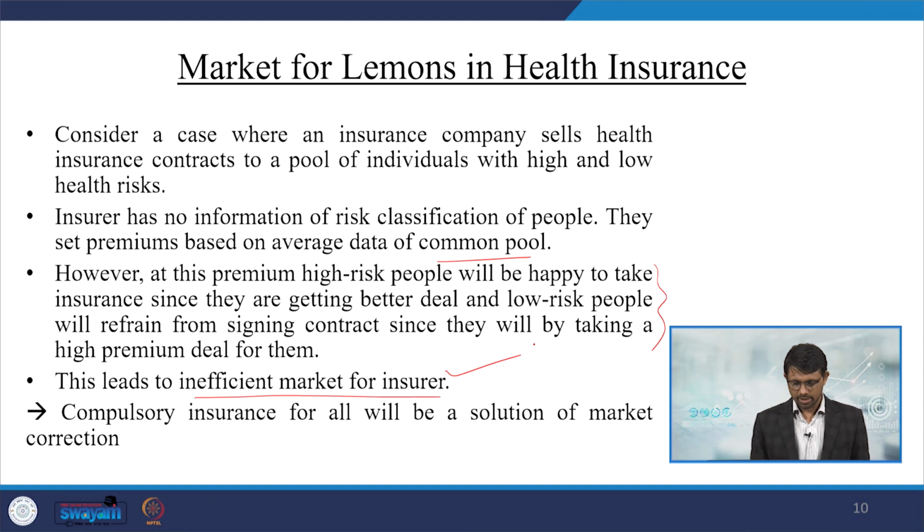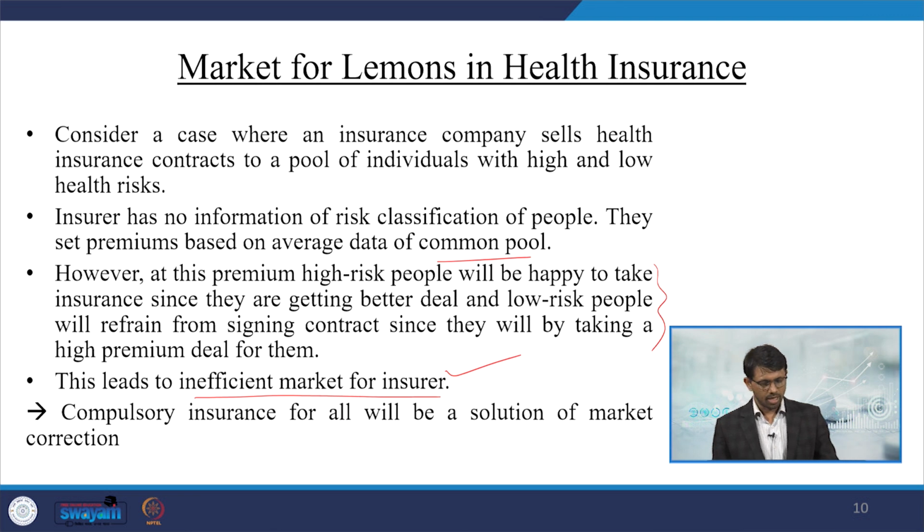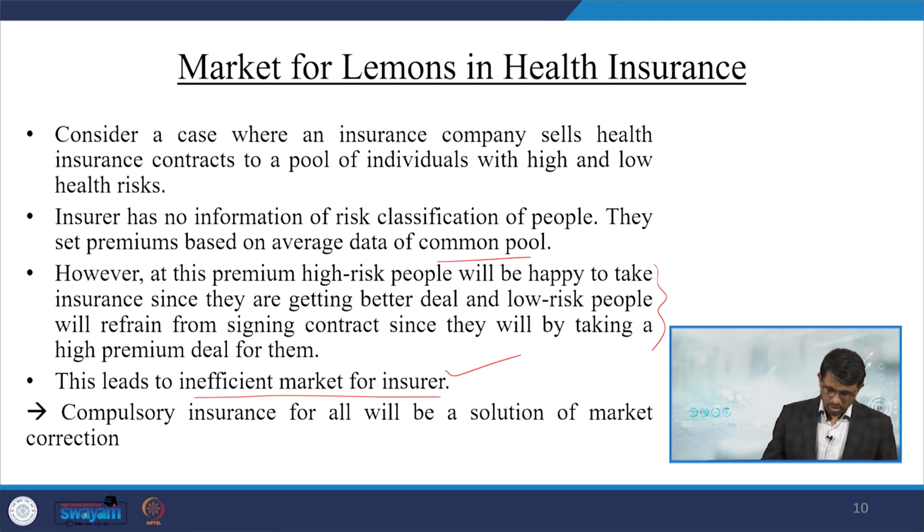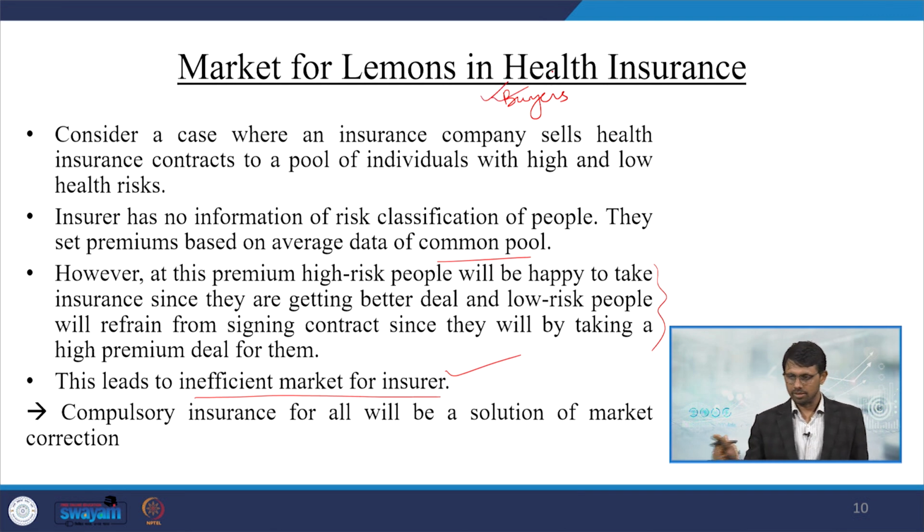Okay. I think this case we have discussed even in the previous one, the car market. One difference is that in this case we are emphasizing the buyers. In the previous case we emphasized the sellers. In both cases there are market failure aspects.